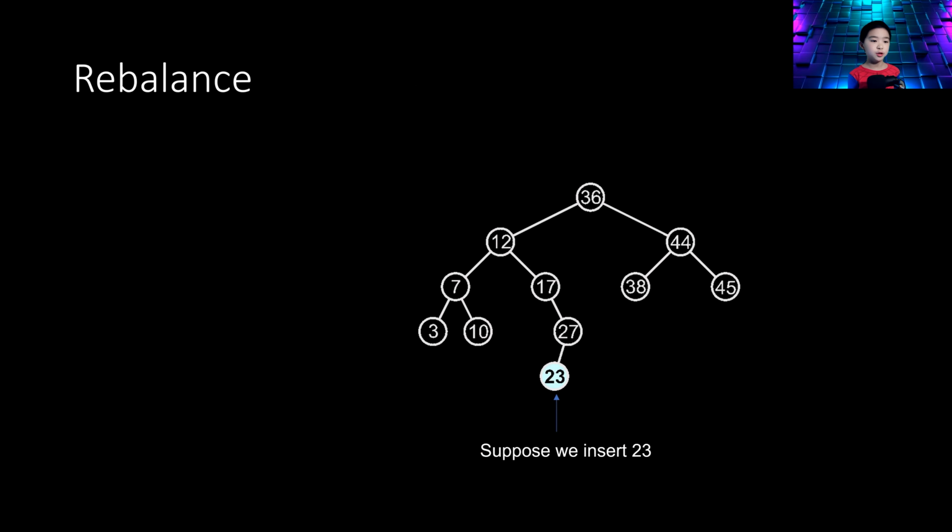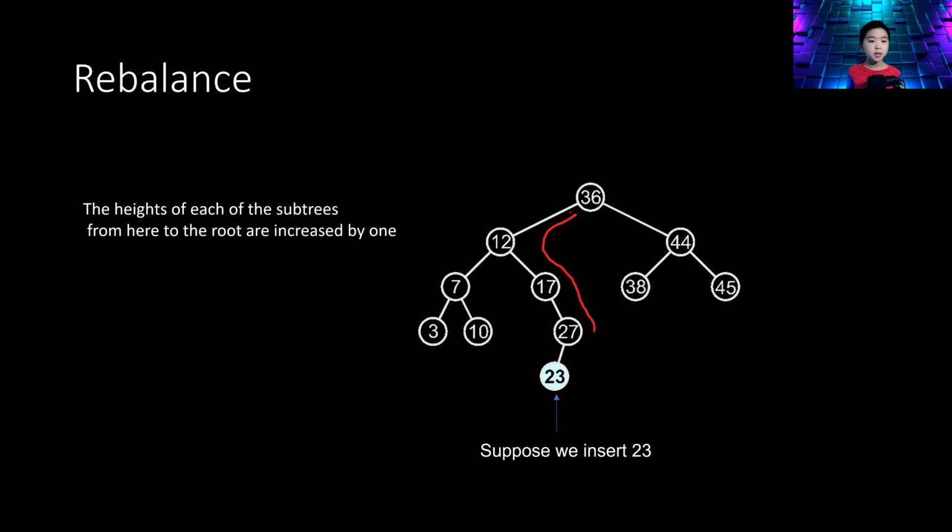Suppose we insert the new node 23. It will become the left child of the node 27, because if we look through all of this, it would fit right here. It will make the node 17 unbalanced, unfortunately, but it will also increase the heights of each of the subtrees from here to the root by 1.